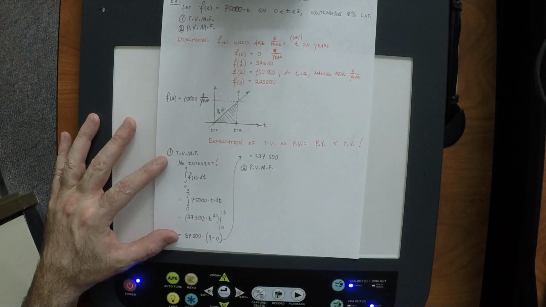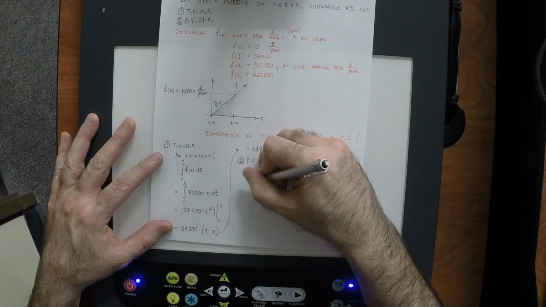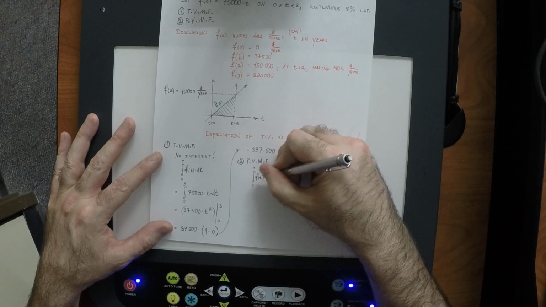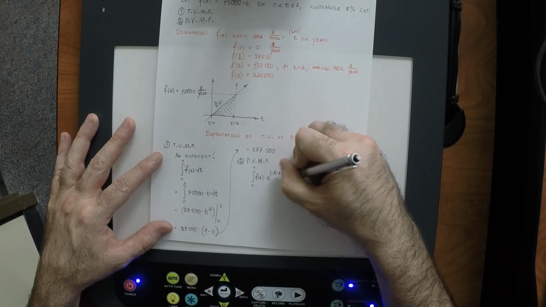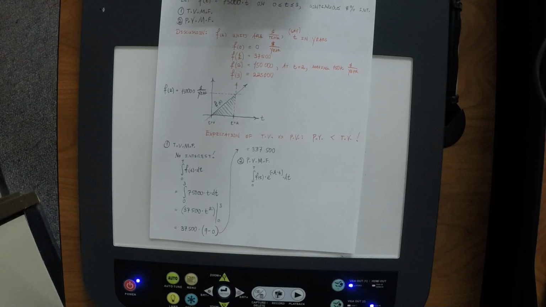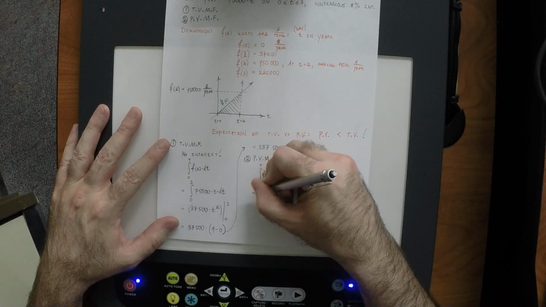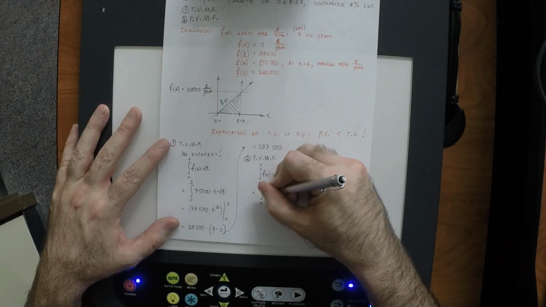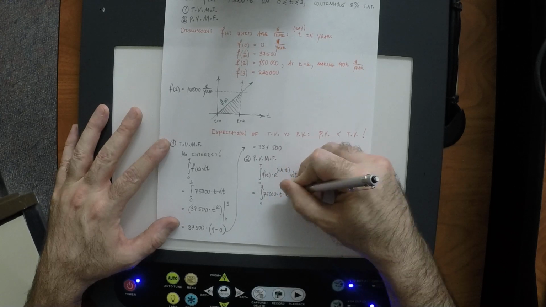So the present value of the money flow, again, this is an integral formula you must memorize. It's the integral from 0 to T of f(t) times e to the negative rt, dt. That exponential factor is representative of pulling all the pieces as they come in back to time 0. On this particular problem, that's the integral from 0 to 3 of 75,000 t times e to the negative.